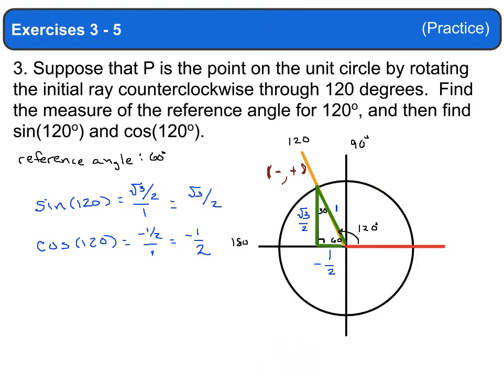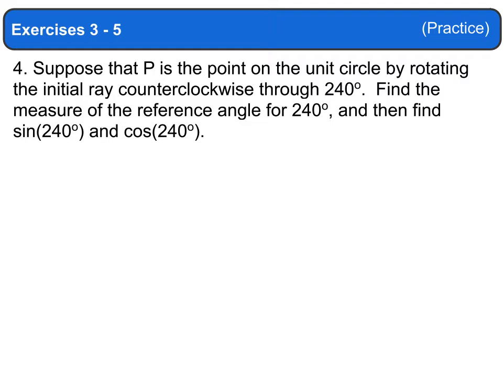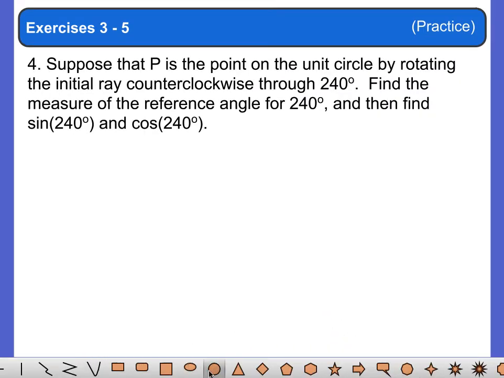In number 4, they say, what if we've got 240 degrees? Okay, so 240 degrees. So we're going to draw a new unit circle. So here's a circle. We'll put a y-axis.